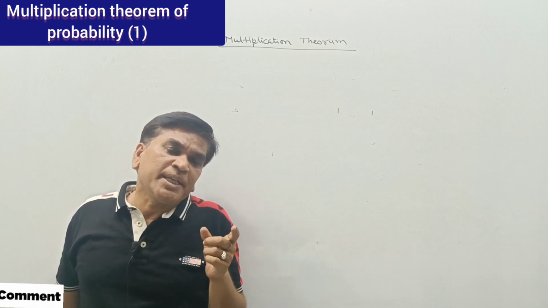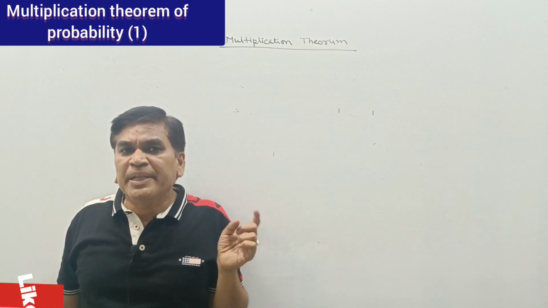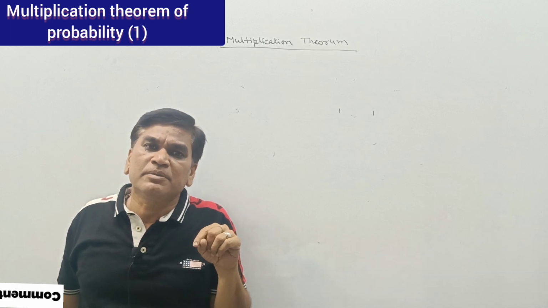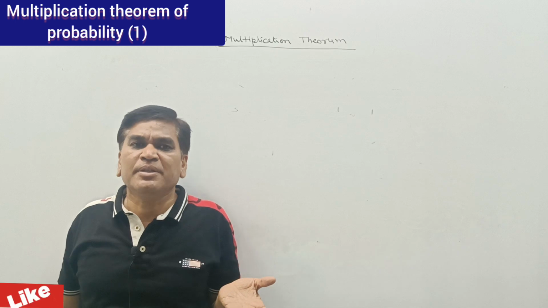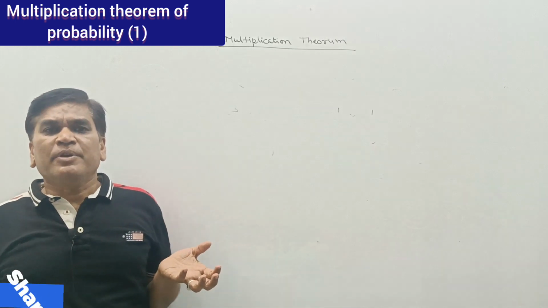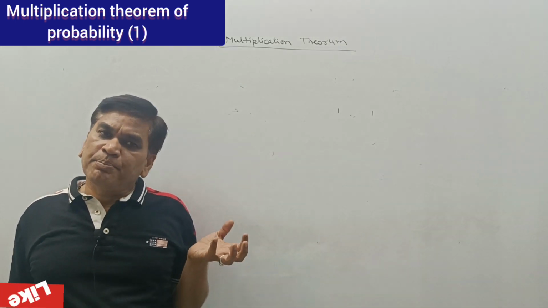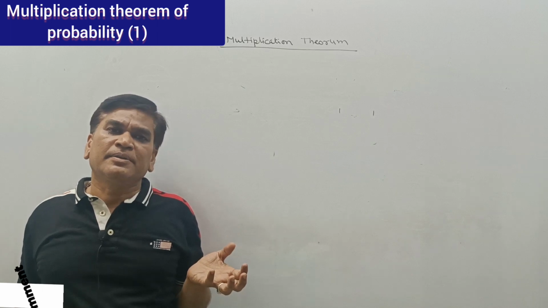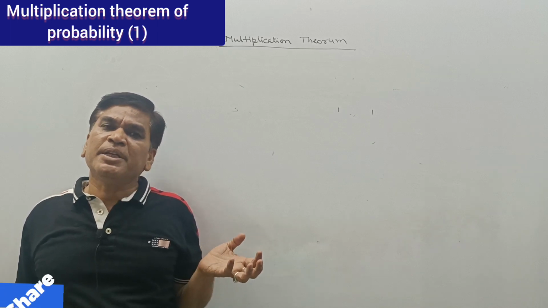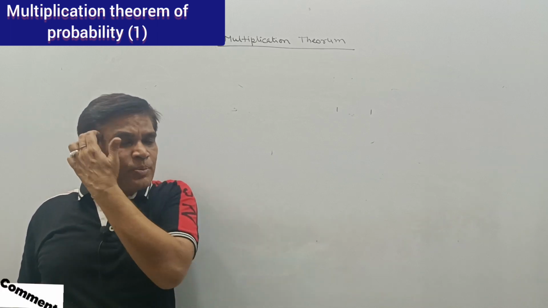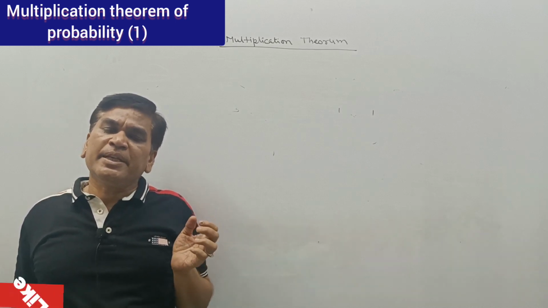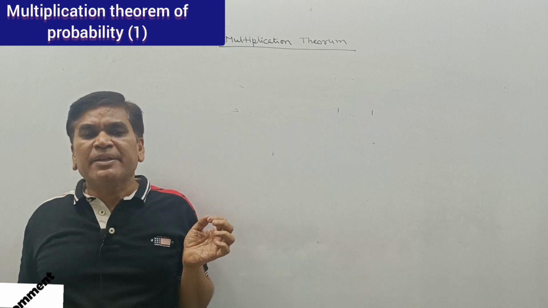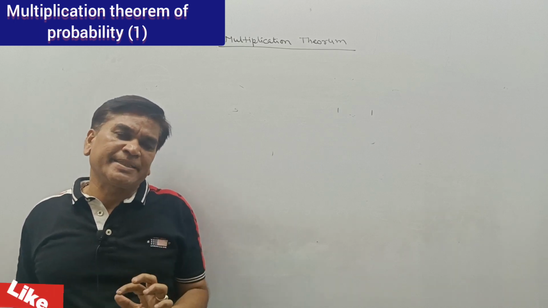What is the probability that one particular player will get all 4 kings? Again, I am repeating the question. A well-shuffled pack of 52 cards is distributed among the 4 players. What is the probability that one particular player will get all 4 kings?